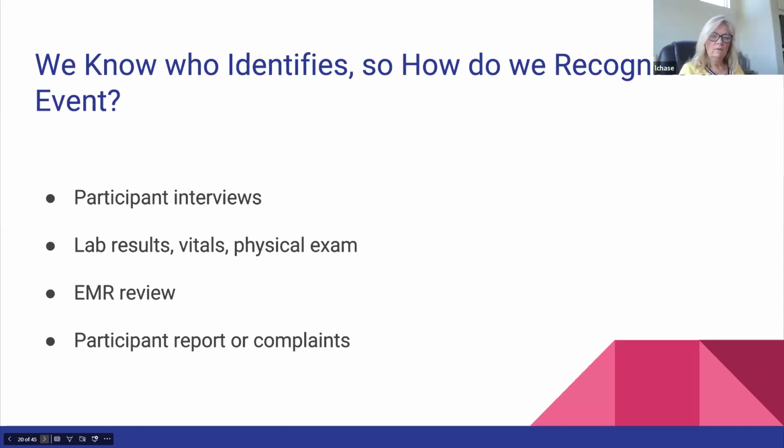You can also look in the EMR review, and sometimes you can find information there. Or sometimes the participant may report a complaint, either by email, phone call, or directly while they're at their visit. They have a new symptom, something's changed, and the participant can report also.